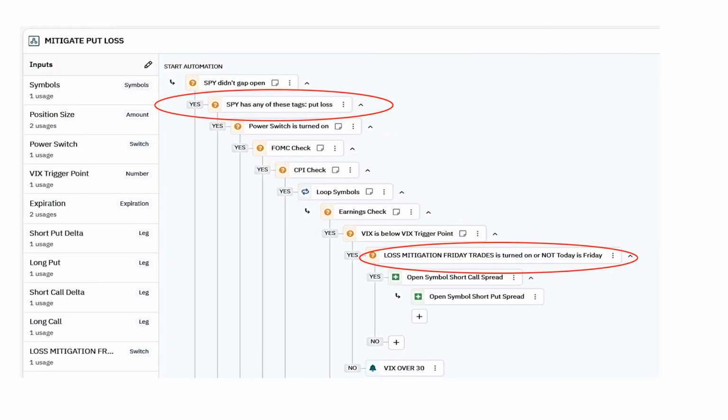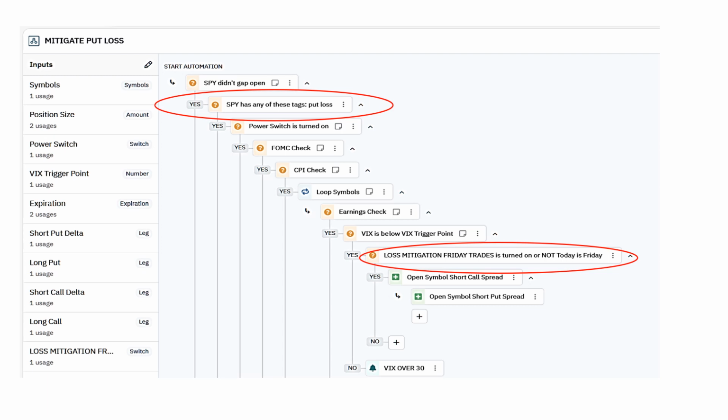The next automation is the mitigate put loss. To mitigate a loss, we look first to see if the monitor has detected a pending loss. Then we do our normal checks and finally determine if the user wants to initiate new trades on Friday or not. The default for the loss mitigation Friday trades is on, so we'll have some money at risk over the weekend.